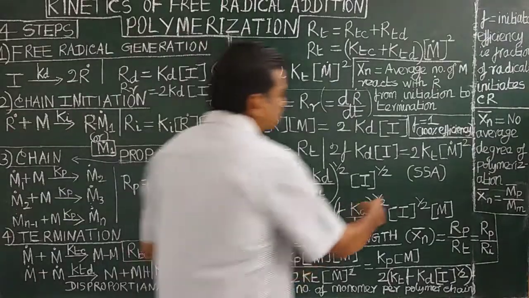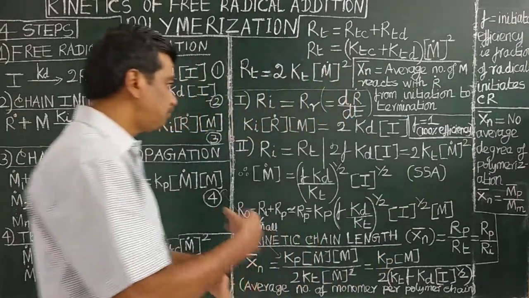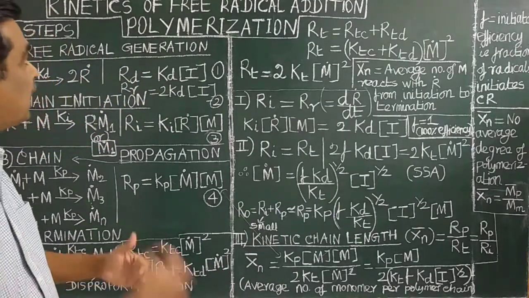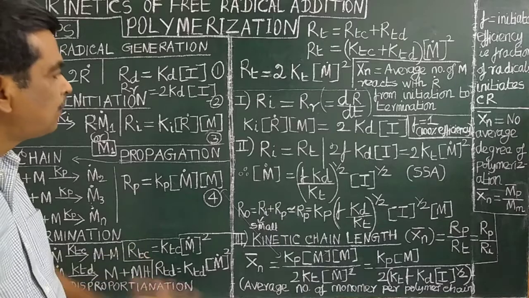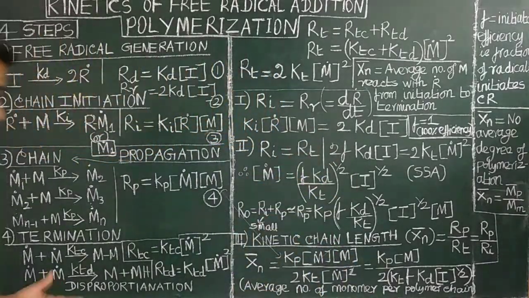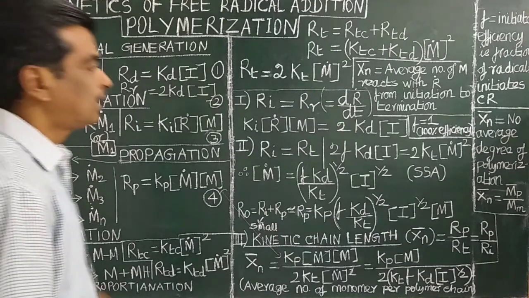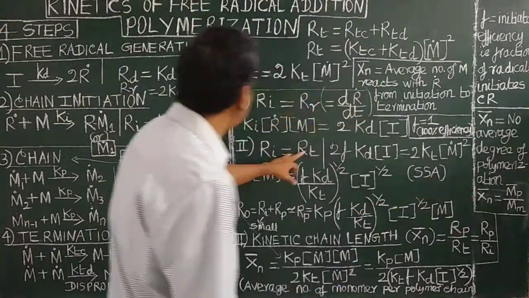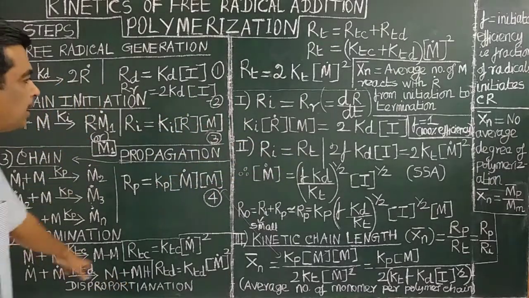By applying steady state approximation, the intermediate species in the free radical addition polymerization reaction is the polymer radical. They are highly unstable. Applying steady state approximation, the rate of initiation is equal to the rate of termination.